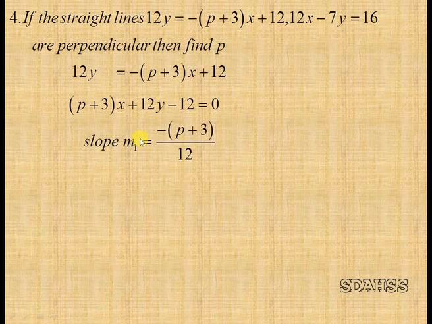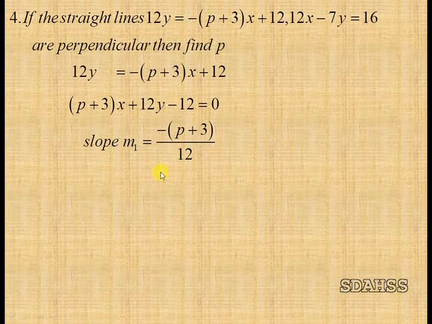Then the slope of the first equation, that is m1, is equal to minus a by b. a means coefficient of x, b means coefficient of y. Here the coefficient of x is p plus 3, and the coefficient of y is 12.